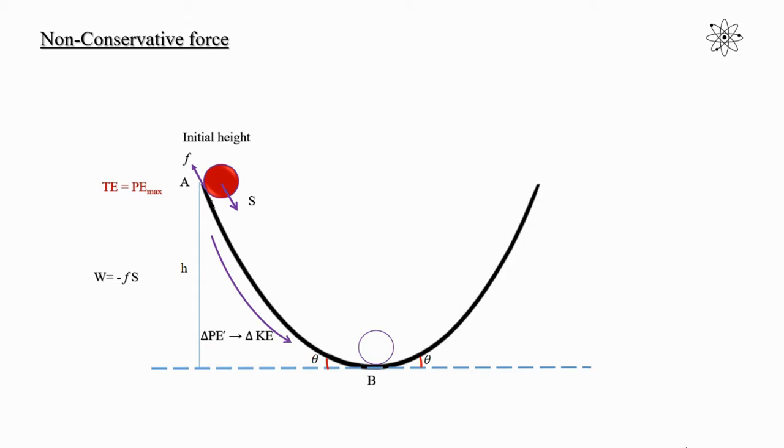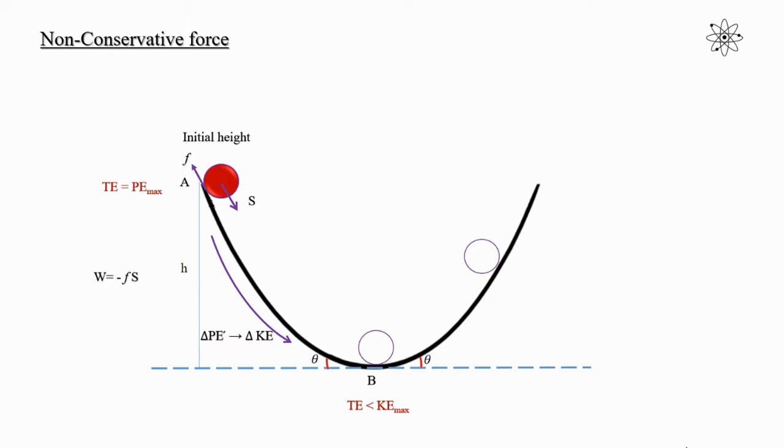So only some part of the potential energy gets converted into kinetic energy, because a small part of the energy needs to be used to overcome or dissipate against the frictional force. So the kinetic energy you have at position B is less, because the total potential energy is not converted into kinetic energy.